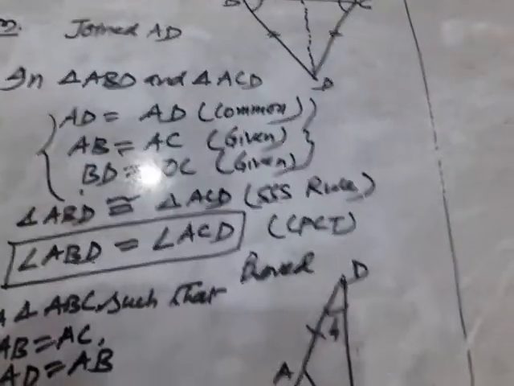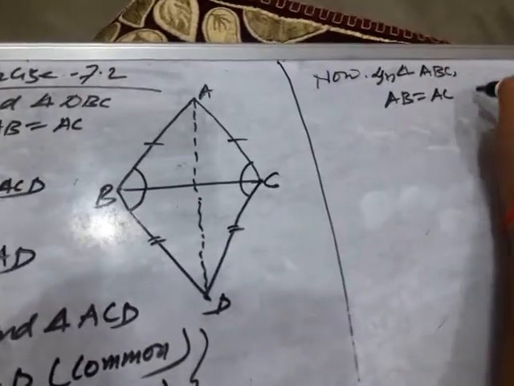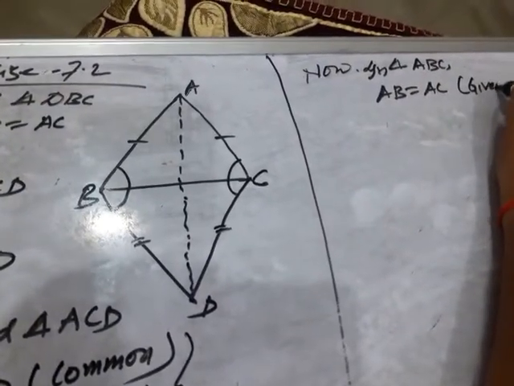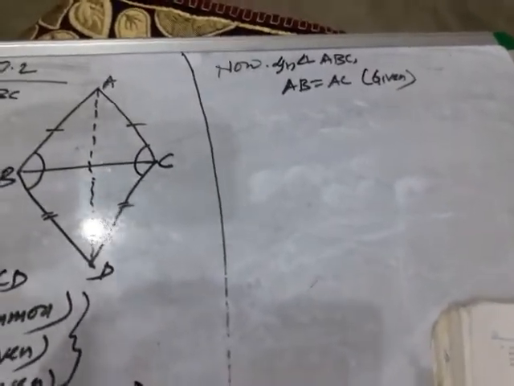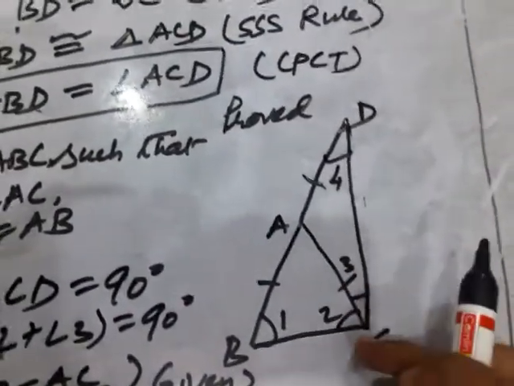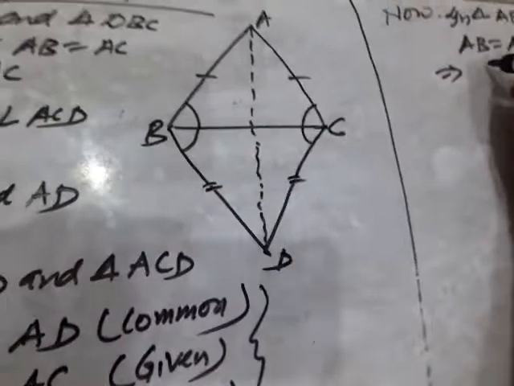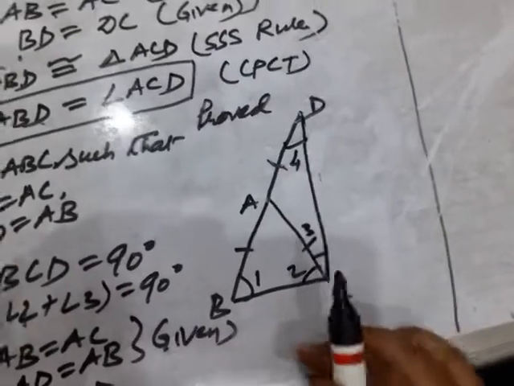AB equal to AC, that is given. What does it mean? It means angle 1 equal to angle 2. Why? Angles opposite to equal sides are equal.